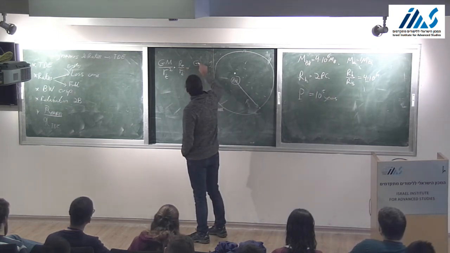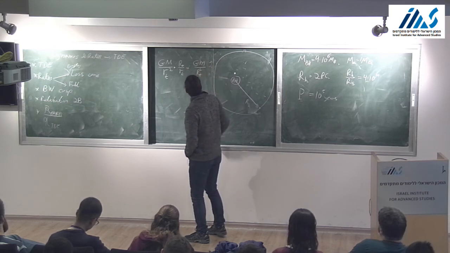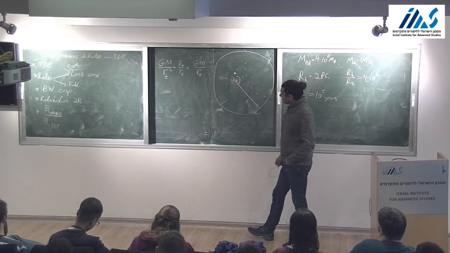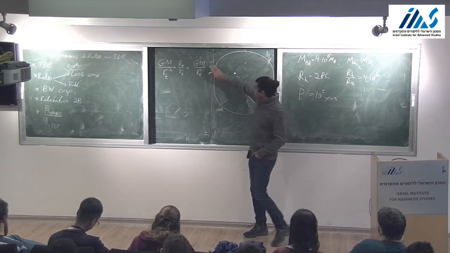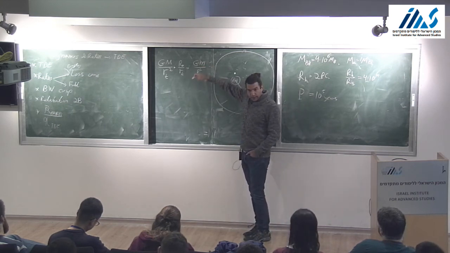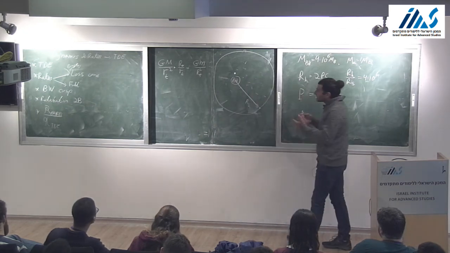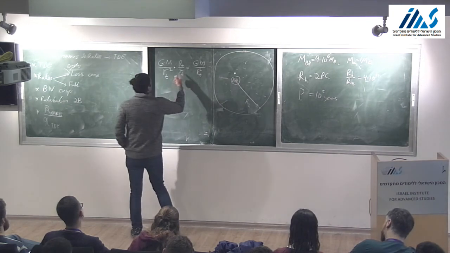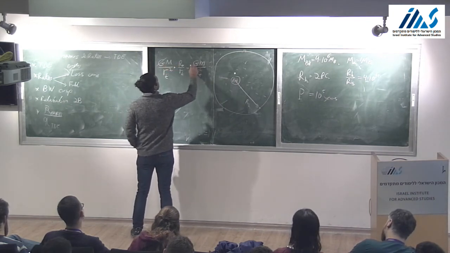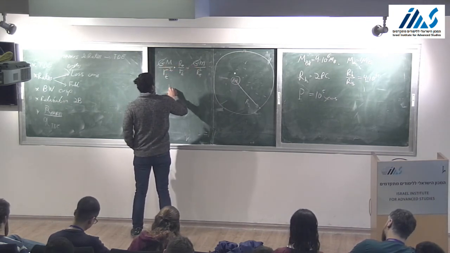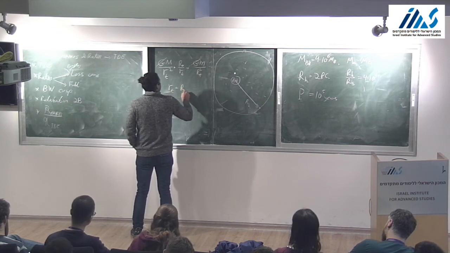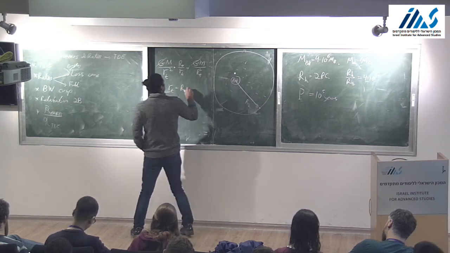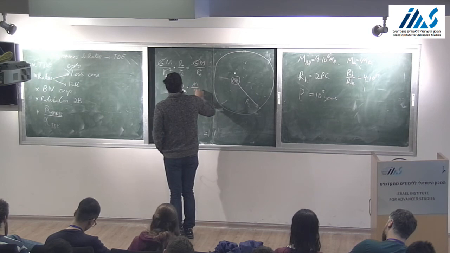When this is equal to the acceleration, or the force per unit mass, of the star itself, then the star is marginally being torn apart. So you see from that, the G cancels, and the tidal radius is the radius of the star times M over m to the 1/3.